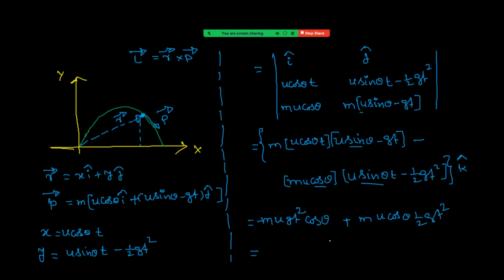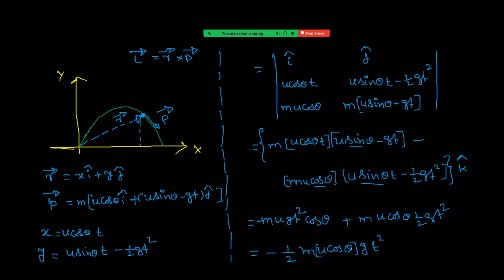Now see what we get. This is m u cos theta, with half, and this is 1 minus half m u cos theta into g into t square.